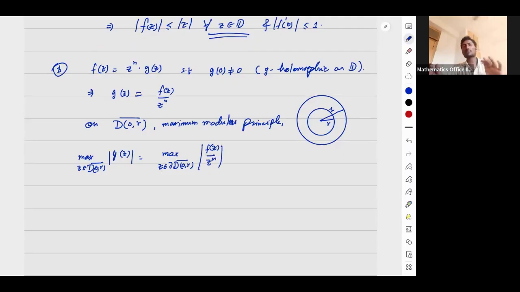Now f of z by z to the power n is holomorphic. We have just seen a few seconds ago that it has a removable singularity at 0.